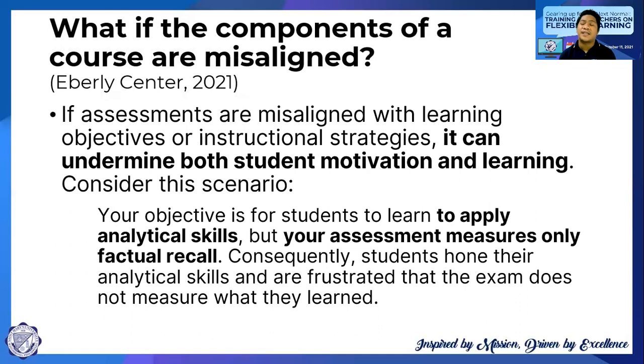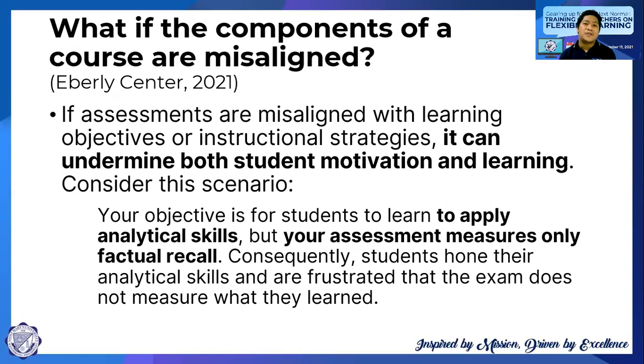So let's consider this scenario. Your objective is for students to learn to apply analytical skills. So apply analytical skills, and based on Bloom's taxonomy, that could be almost at the higher order thinking skills. Okay? But your assessment measures only factual recall. So there is a misalignment on the level of thinking.